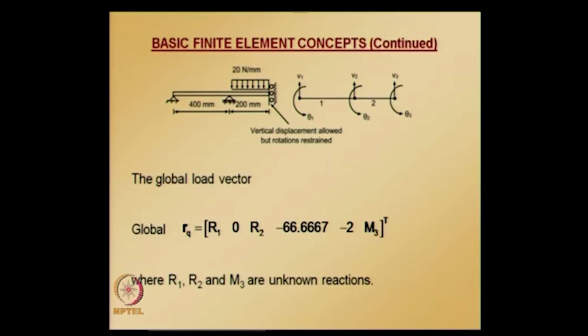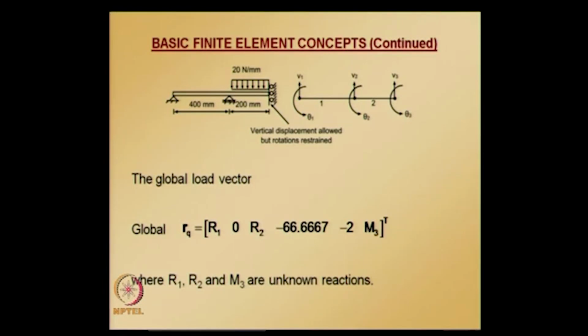Also, please note that V1, the transverse displacement at node 1, is restrained, so V1 is 0. Similarly, transverse displacement at node 2 is restrained, so V2 is 0, and because of symmetry, rotation at node 3 is 0.